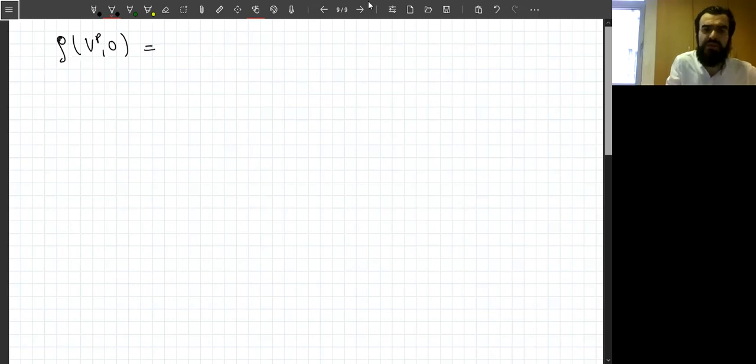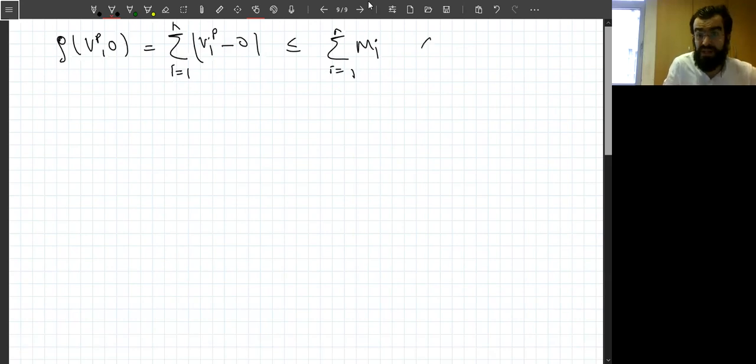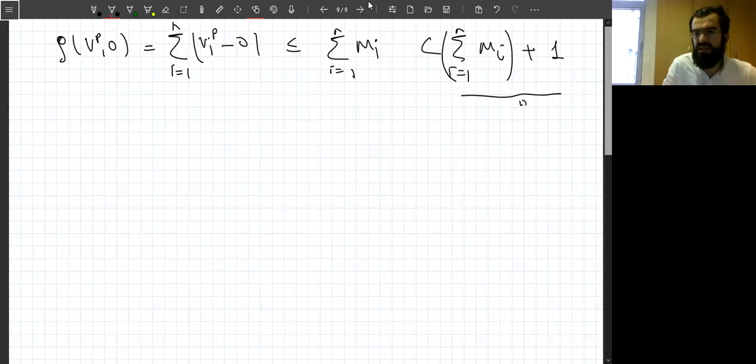v^p, as p goes to infinity, is always less than epsilon.